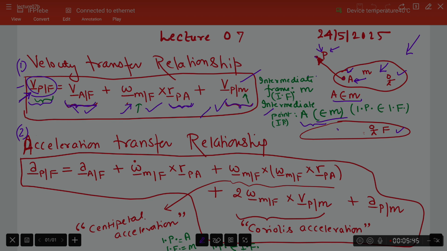The other relationship of interest in today's class is what we call the acceleration transfer relationship, and I have written that relationship also on this slide.